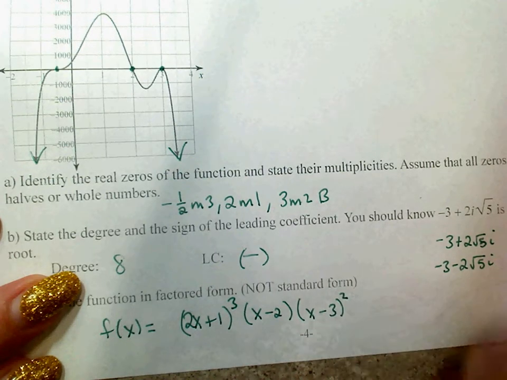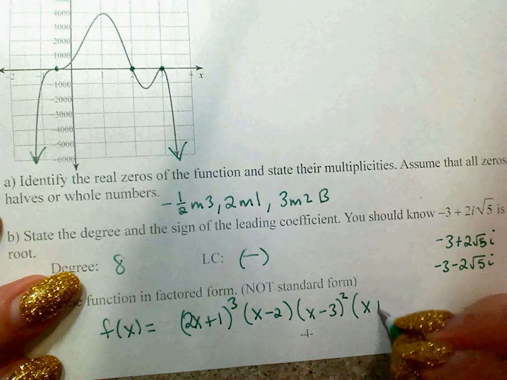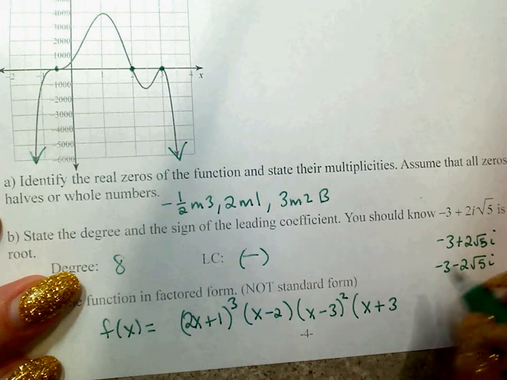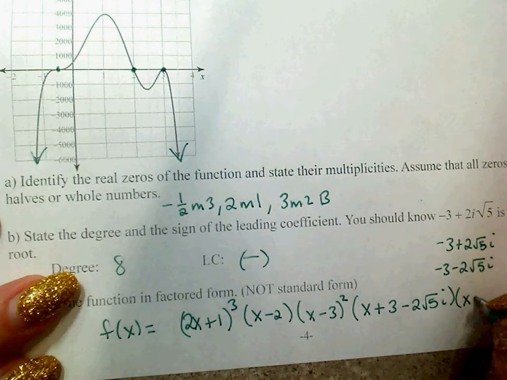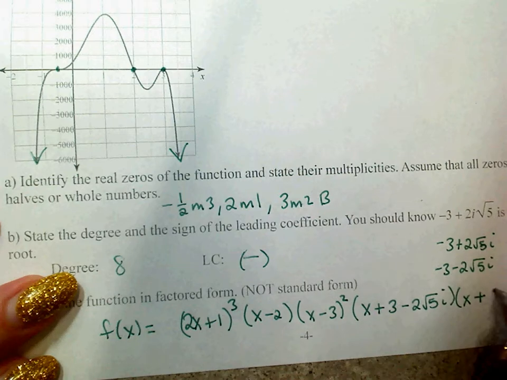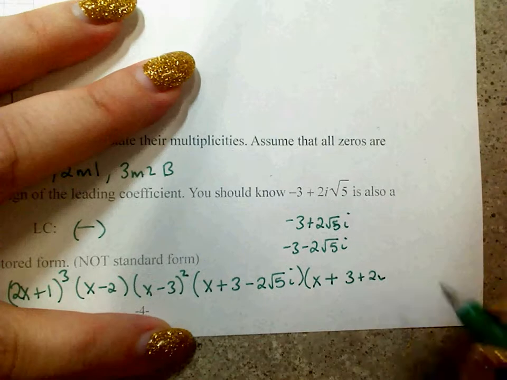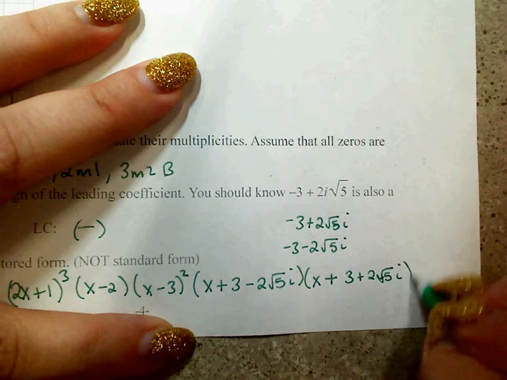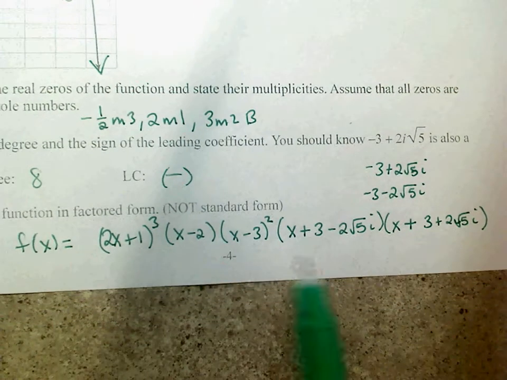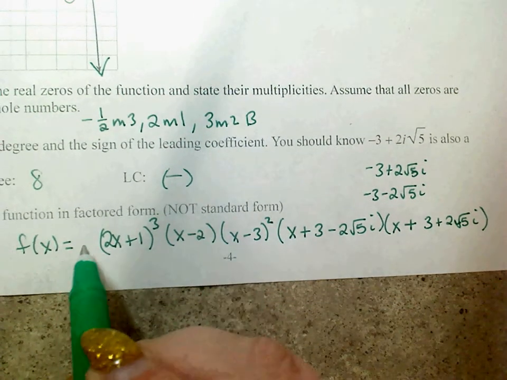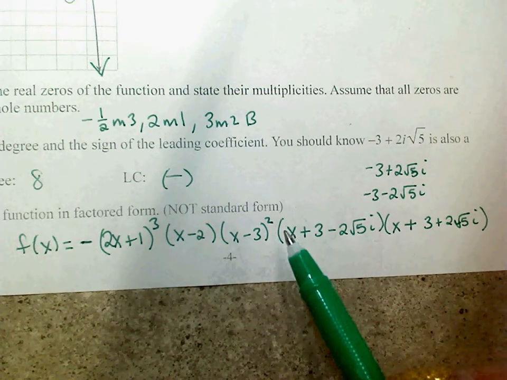For here, I'm going to put x, it's a negative 3, so we're going to put plus 3, and then it doesn't really matter the sign, so I'm going to put minus 2 square root of 5 i, and x, still plus 3, because that's still a negative 3, plus 2 square root of 5 i. So the only thing that I would be missing is the fact that the leading coefficient is negative. So I'm just going to put a negative out front. And that is the polynomial that would get me this graph up here. All right.